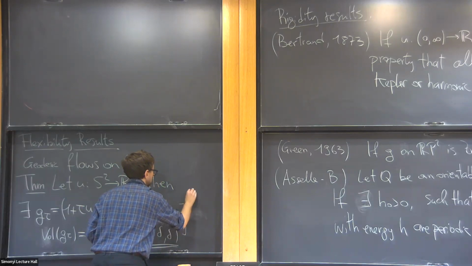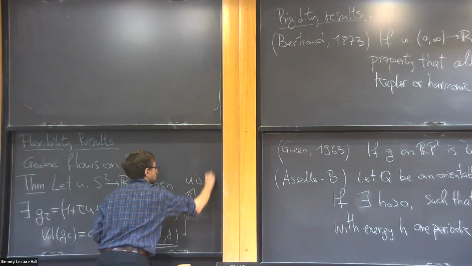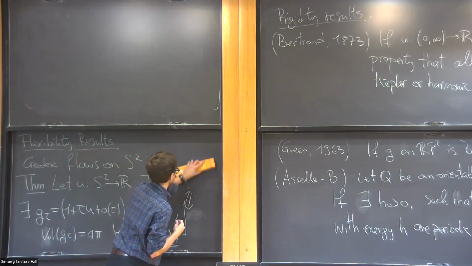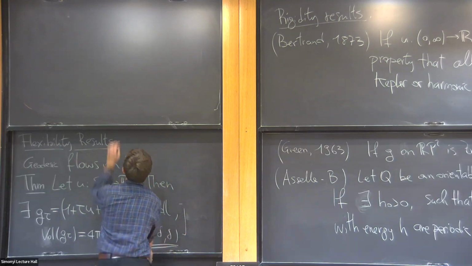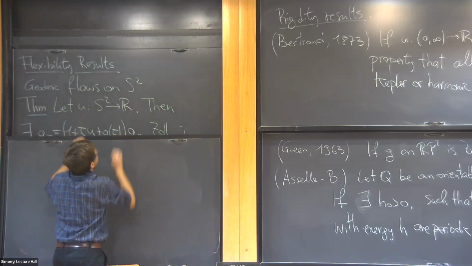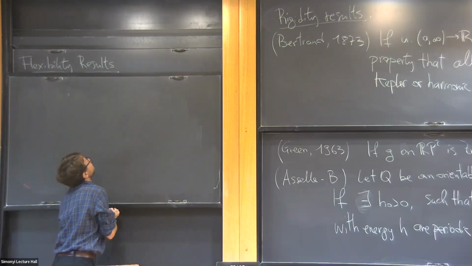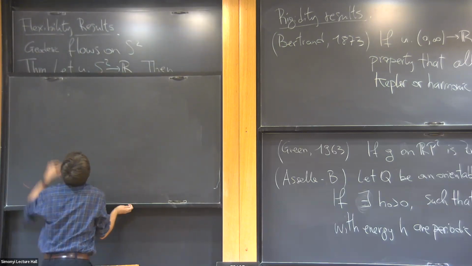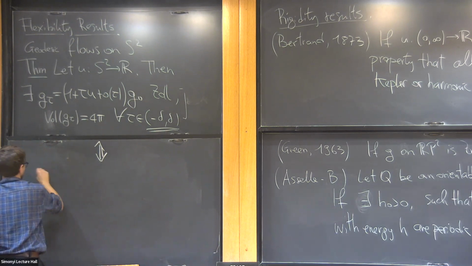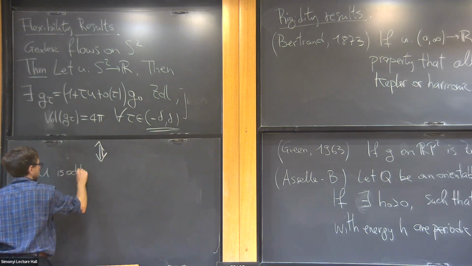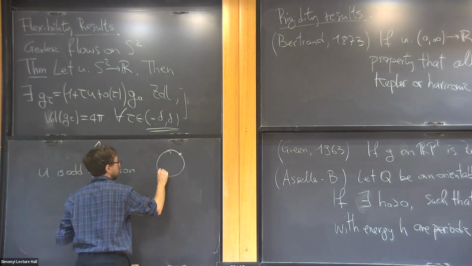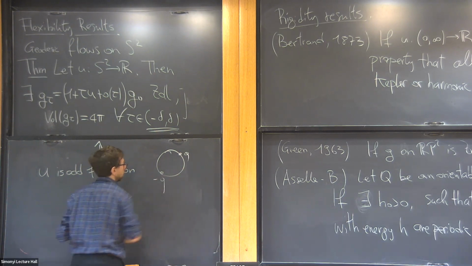If and only if U is odd. Okay, so this happens if and only if U is an odd function on the sphere, which means that on antipodal points it takes opposite values.